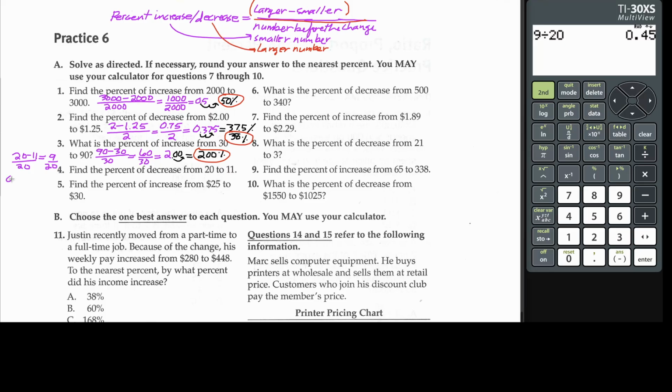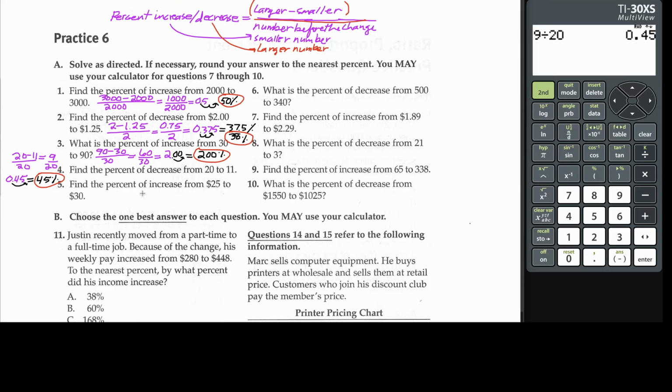So write 0.45. Then I need to move my decimal point 2 places to the right and put a percent symbol here. So the answer for that one is 45% decrease. Now let's look at number 5.